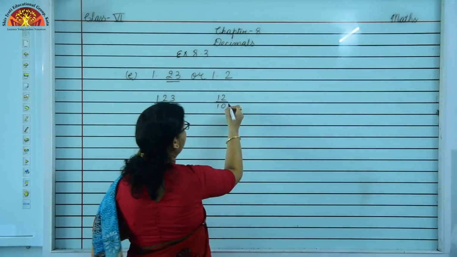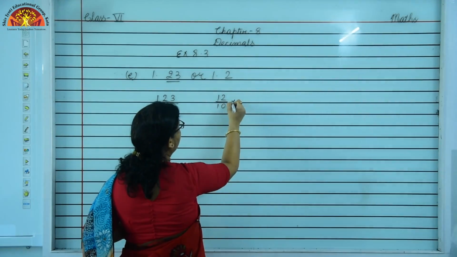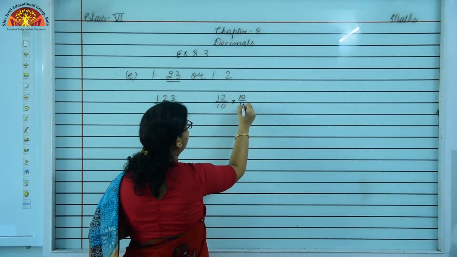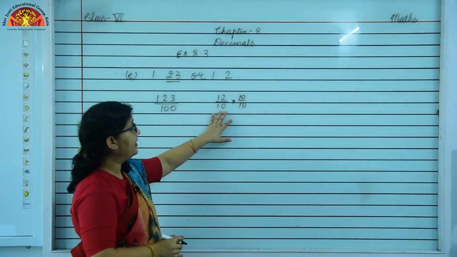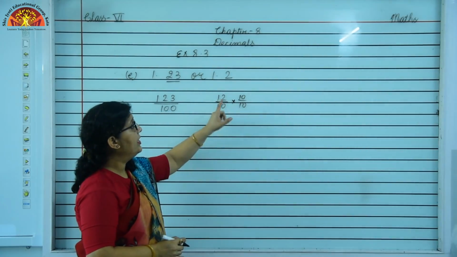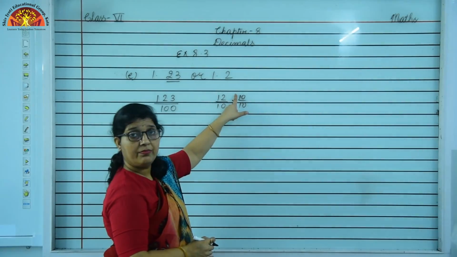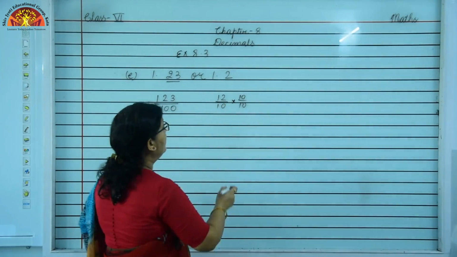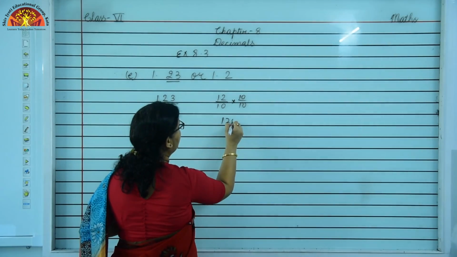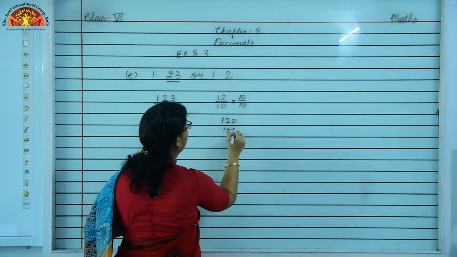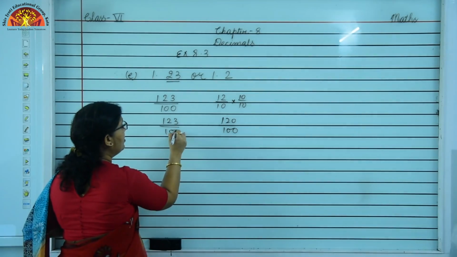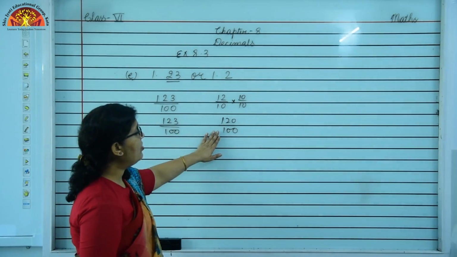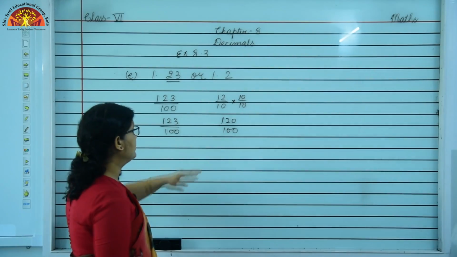So like fraction में convert करने के लिए आप क्या करोगे? This multiplied by 10 because we want to convert into 100. So 10 tens are 100, and this is also multiplied by 10. Now it is equal to 120 upon 100. So this is 123 upon 100. Now both are like fractions. Now compare their numerators.